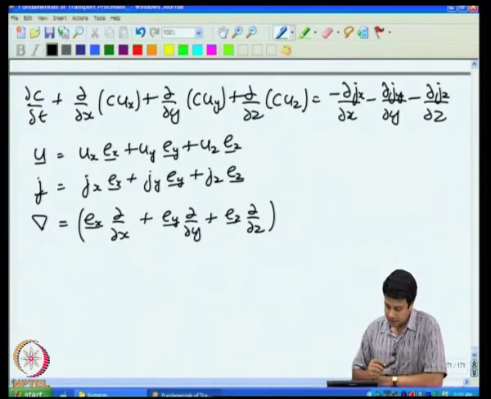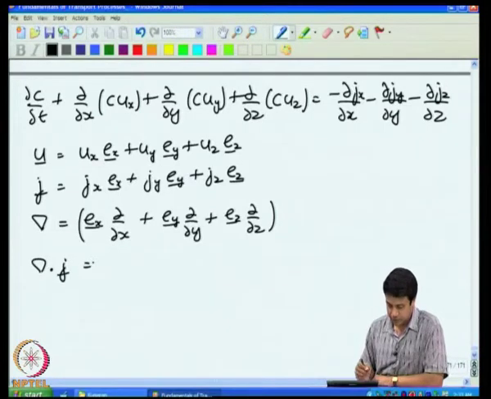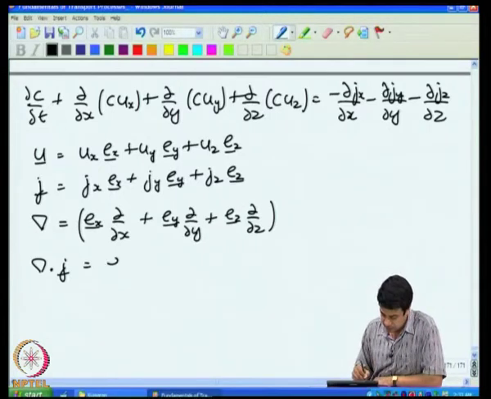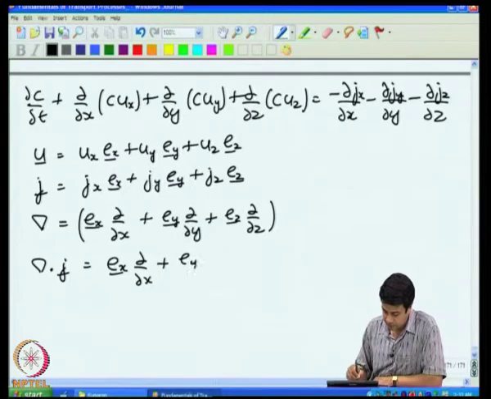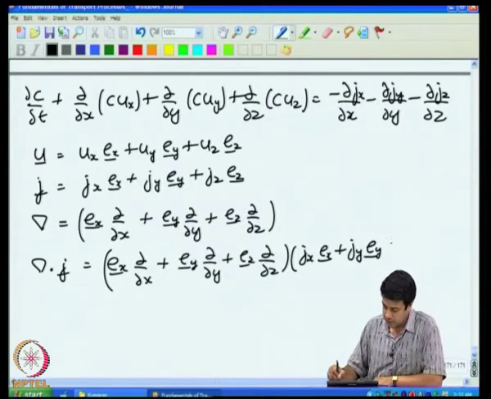So, you can see that if I take del dot j, okay, the dot product of this operator and j, this is equal to Ex d by dx plus Ey d by dy plus Ez d by dz of Jx Ex plus Jy Ey plus Jz Ez.